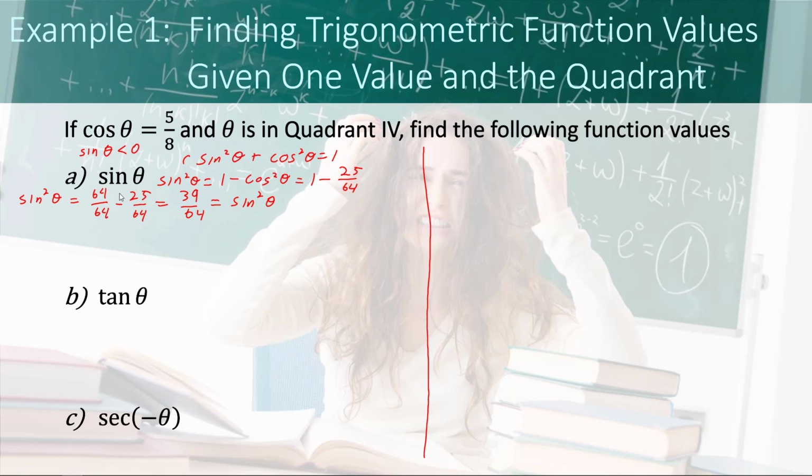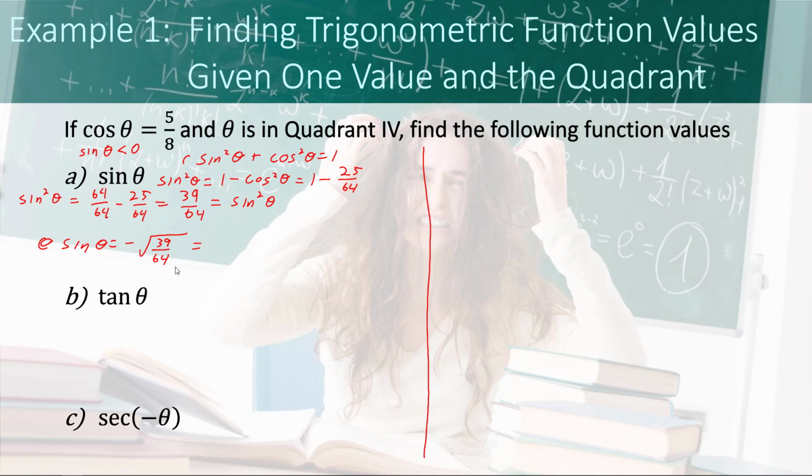Of course, we need to find the sine of theta, so we're going to take the square root. Since we're in quadrant 4, we know that sine is strictly less than 0, so we are going to take the negative value of the square root, and that means that sine of theta is going to be equal to the negative square root of 39 over 64.